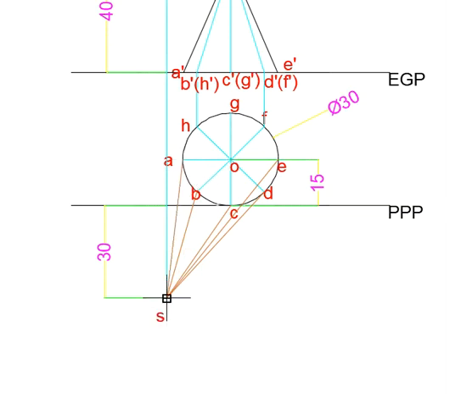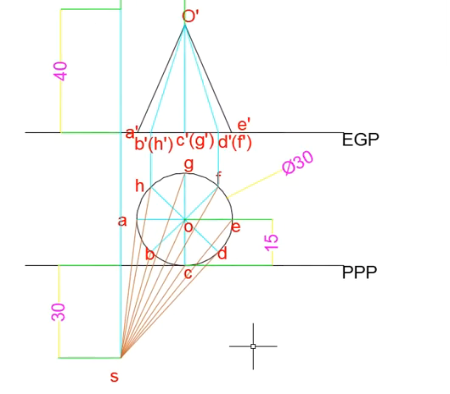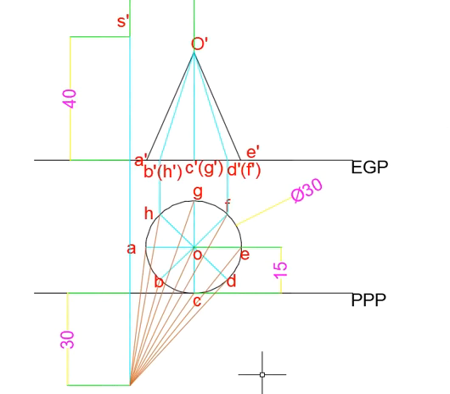Draw the visual rays like this. They are very light. Now you can draw the visual rays in the front view.